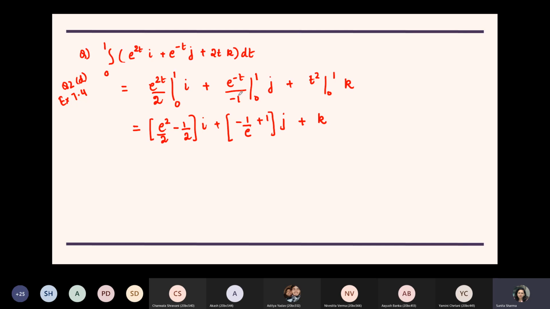The standard functions you are going to get, not very complicated integrals, log terms or cosine, sine, whose integral is straightforward, and then you substitute upper limit minus the lower limit, and you will get the final answer. Here we'll not have any constants of integration because we have the definite integrals. So you'll directly get the answer.